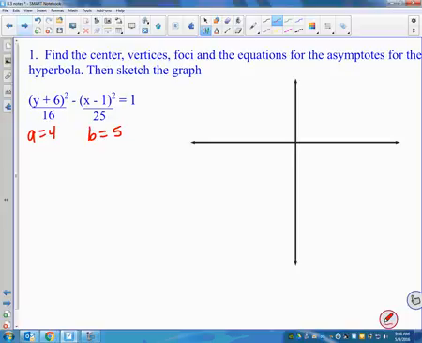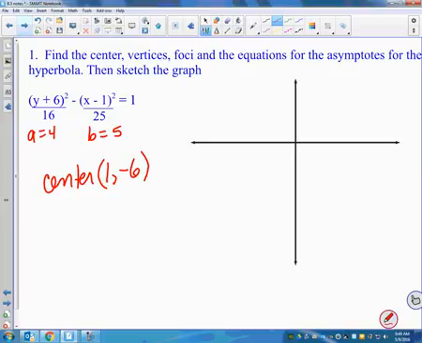In a hyperbola, you know which one is A because it has to be the positive one. So my center here, what would my center be? 1, -6, right? H, K, so the one with the X first: 1, -6.